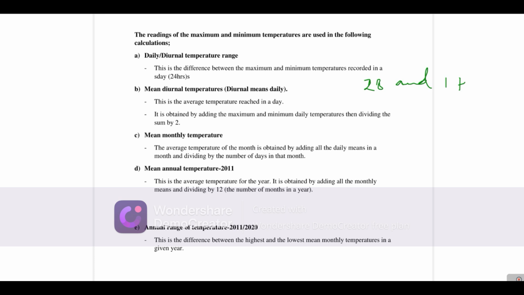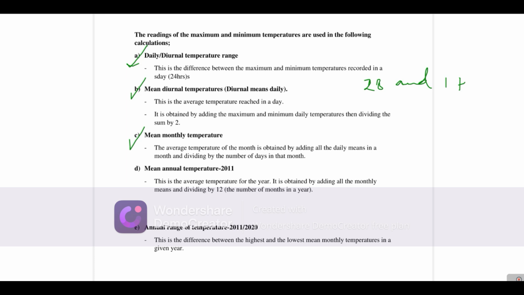So we take the sum of the maximum and minimum, and then you divide by 2, because there are two values involved. Number three, which is this one, of course, we have tackled that.